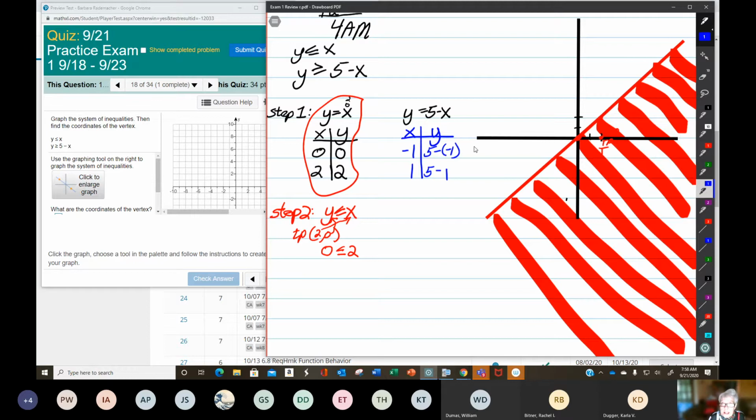So 5 minus -1 is 5 plus 1, which is 6. And 5 minus 1 is 4. So we have 2 points here. We have -1, 6, and we have 1, 4.